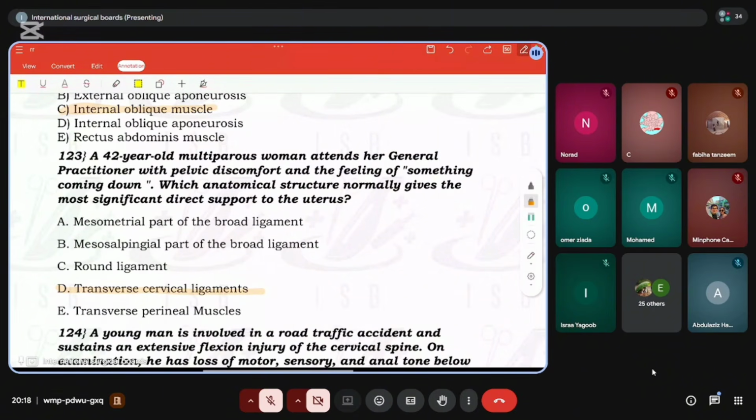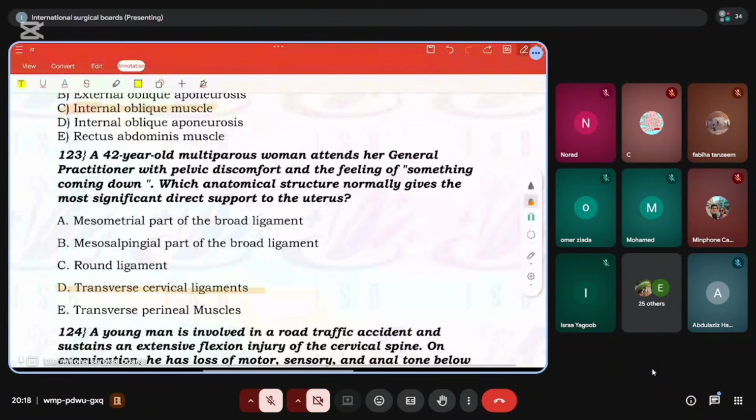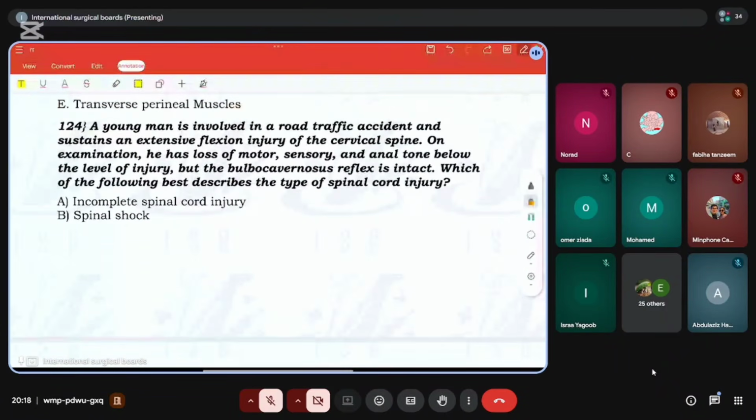So if they ever ask about indirect support, the most significant thing that doesn't attach to the uterus but also supports it, then you go for levator ani muscles. This is the main framework of the pelvic floor that holds everything inside. Okay, let's move to the next one.